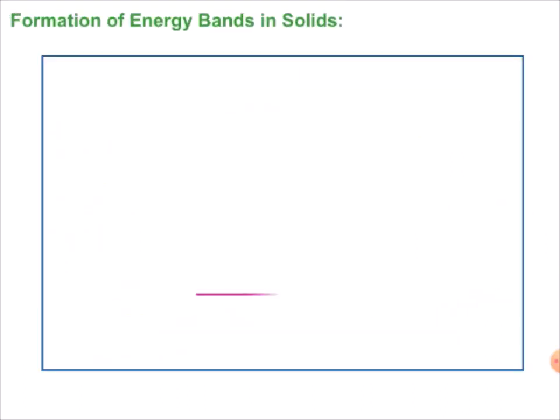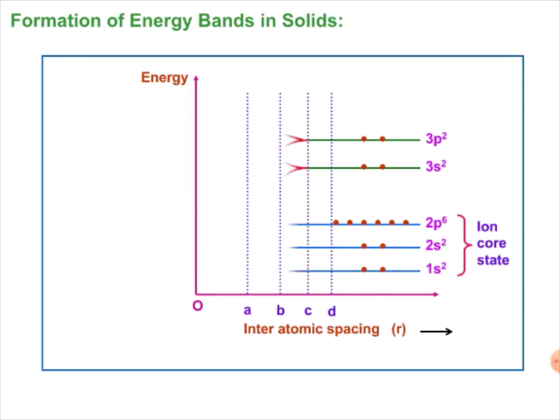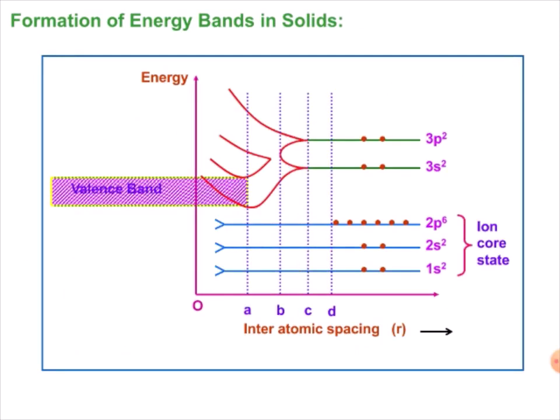Let's see the diagram or the graph. If the interatomic spacing of the silicon atom is very large, R, that means R greater than D, somewhere here. Now we need to bring those atoms toward one atom in the crystal, which is situated at O.